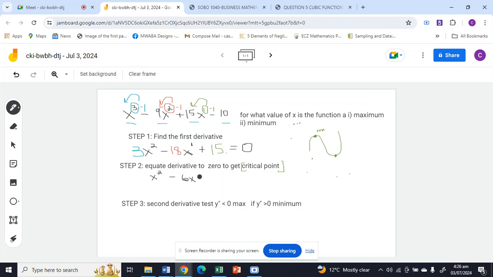Fifteen divided by 3, that is 5. So here we've simplified our quadratic equation.